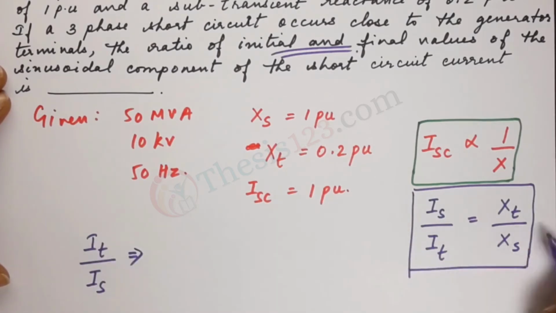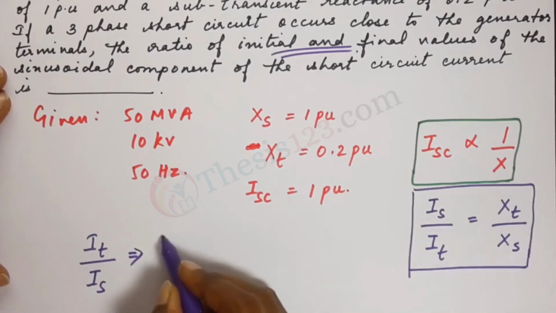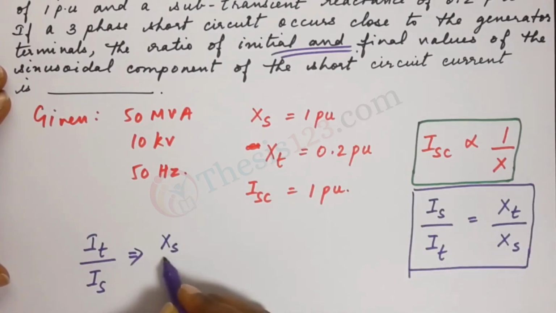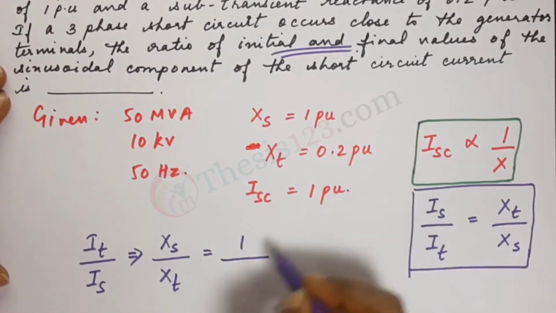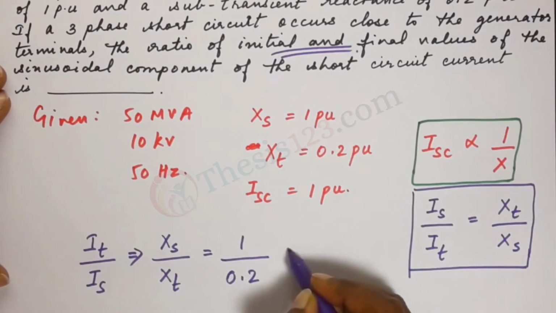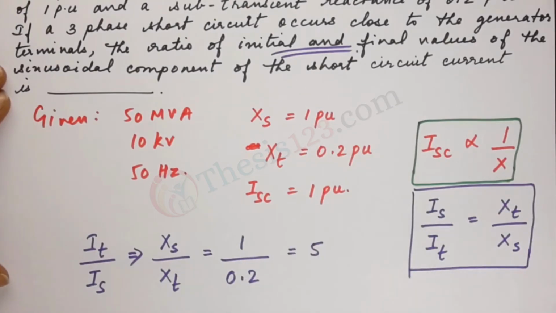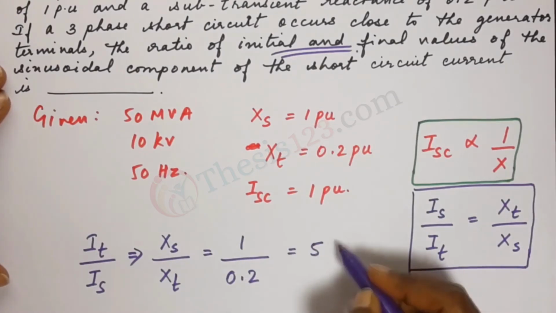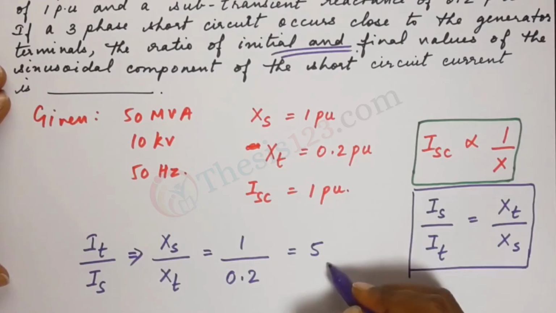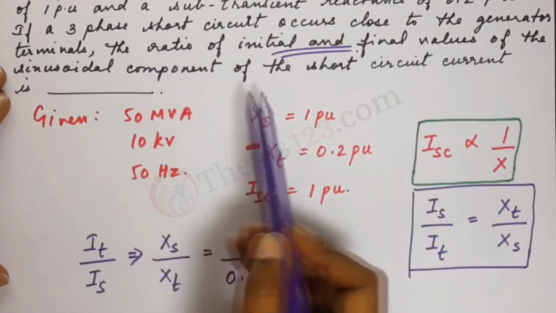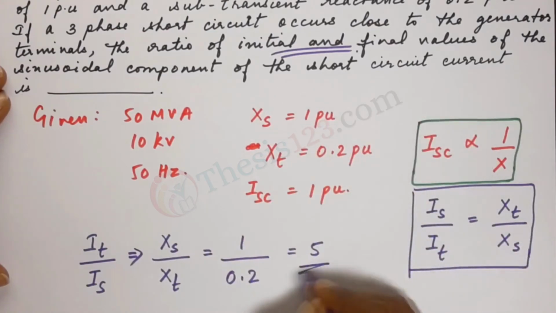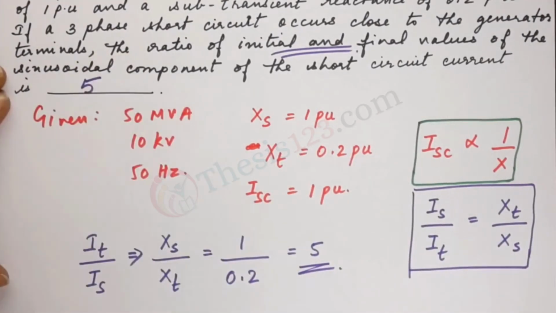That in terms of the reactances given to us would be XS by XT. So we have the value of XS to be 1. We have the value of XT as 0.2. 1 by 0.2 is 5. So this is the final answer here. The ratio of the initial and final values of the sinusoidal component of the short circuit current is 5. I hope this has helped.